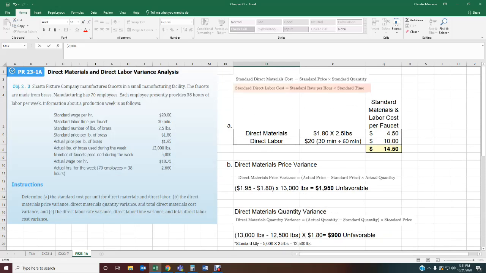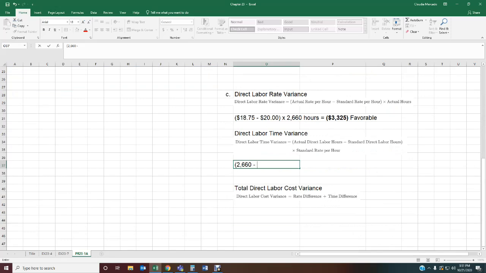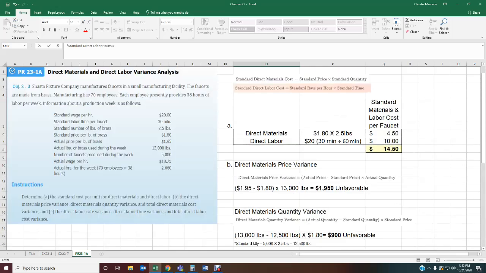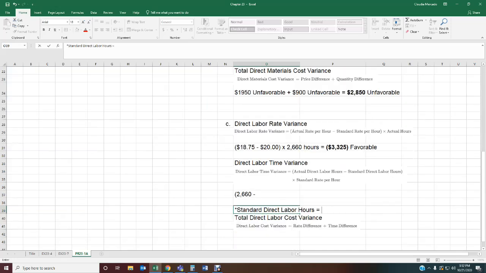Okay, so it says here that the number of faucets produced during the week is 5,000 faucets. Let me do the calculation down here. This is your standard direct labor hours. We know the number of faucets that we produced was 5,000.